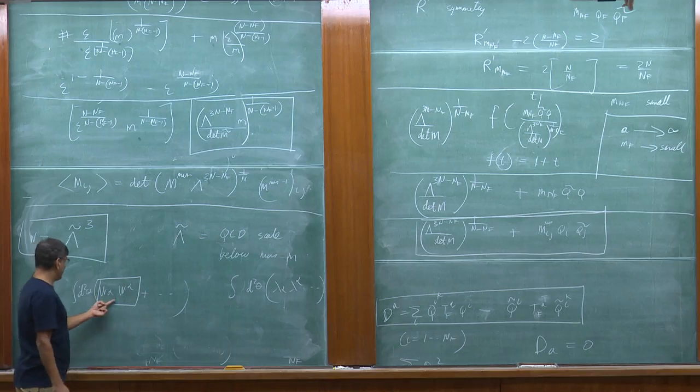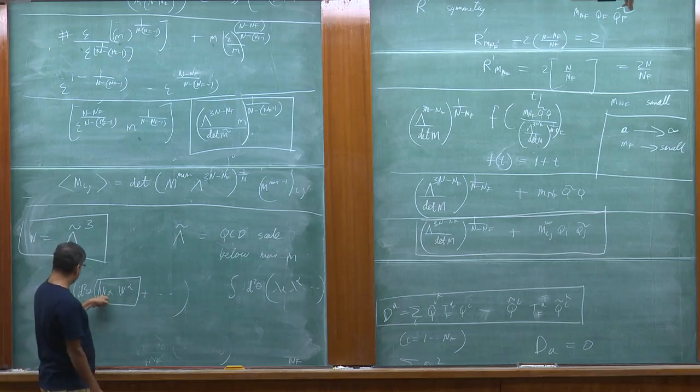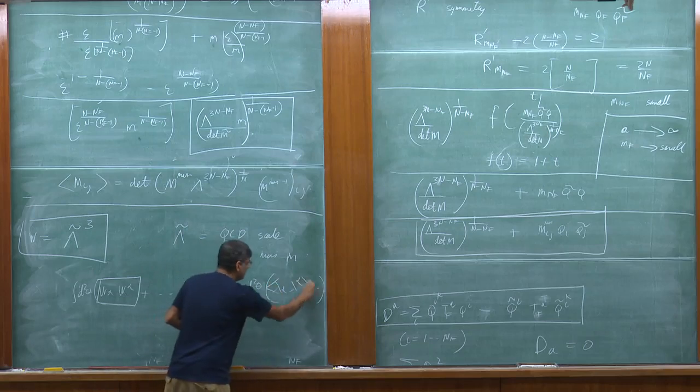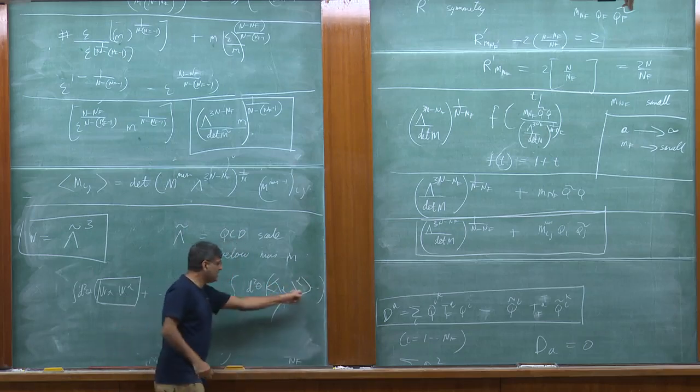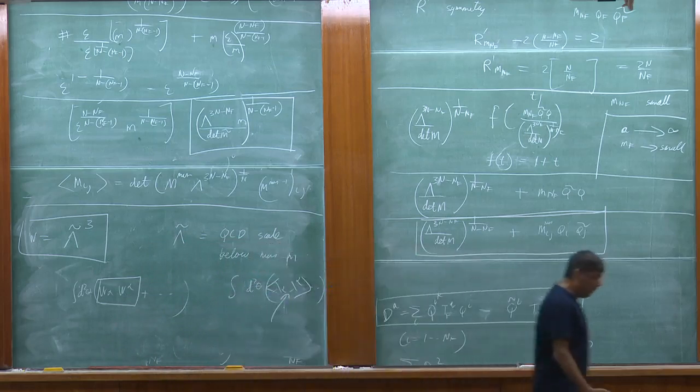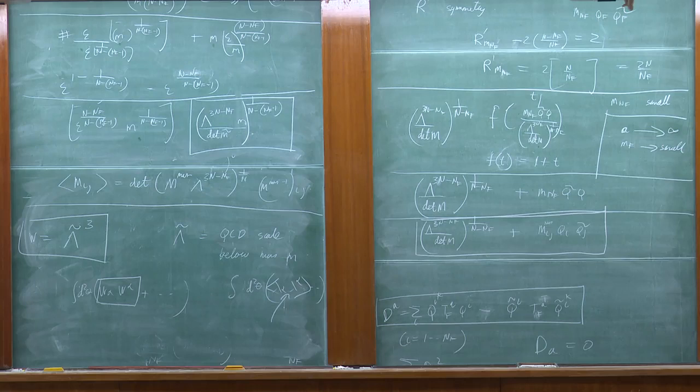But you see, it's getting an expectation value with no thetas, right? And so the expectation value you should think of as being generated by this term. So our result suggests that pure N equals 1 QCD has a condensate of bilinears of gauginos, very much like the true vacuum of real QCD has a condensate of bilinears of quarks.